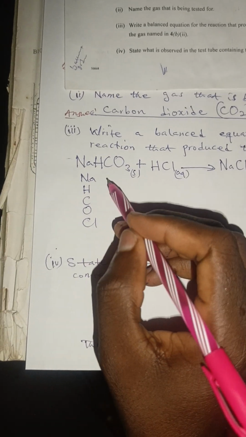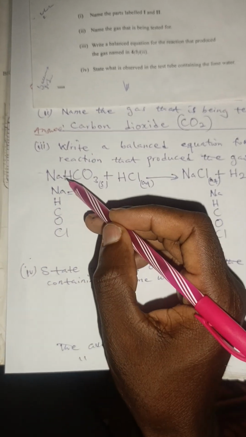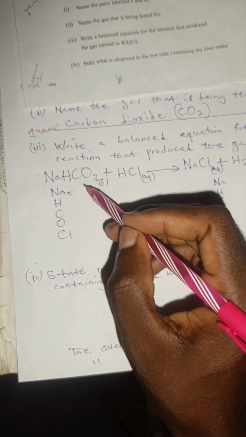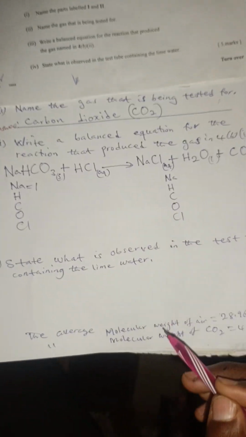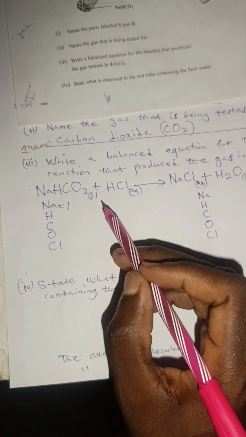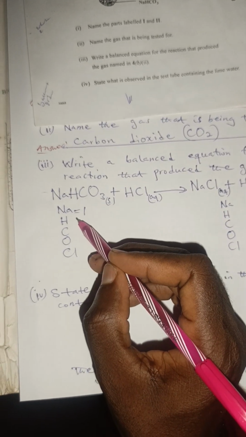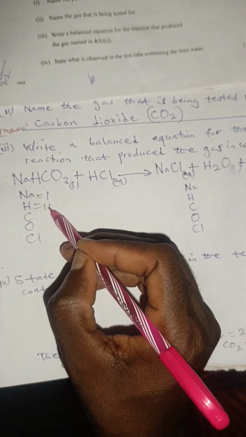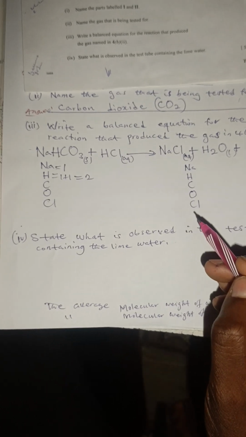Now let us look at the number of atoms in the reactant side. Here we have Na, which is sodium, one atom of sodium. Then hydrogen, we have one hydrogen here, and this one. So 1 plus 1 will give us 2 atoms of hydrogen on this side.